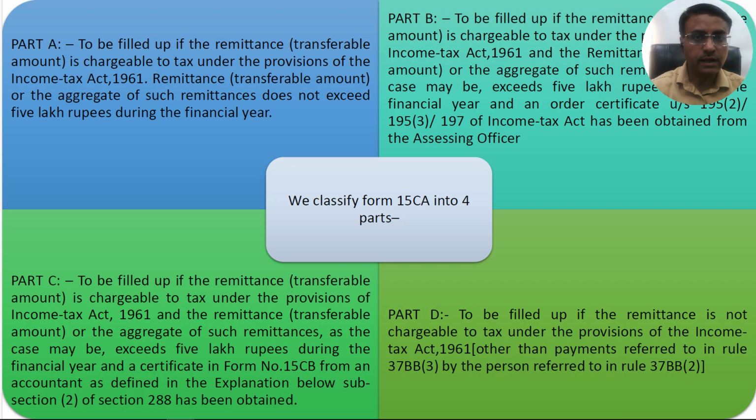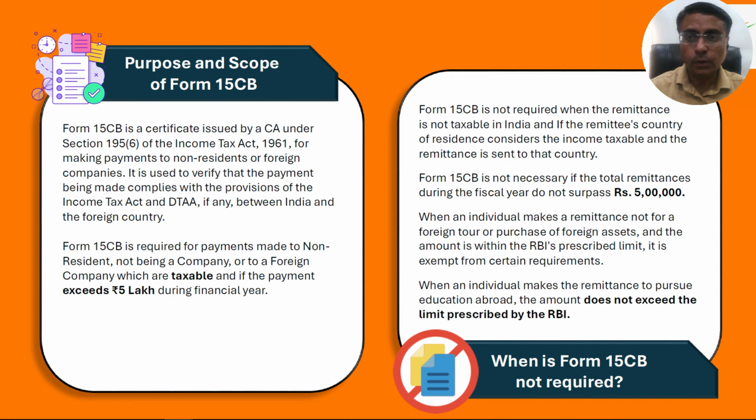These are the same things I have discussed. Part A, Part B, Part C are all related to taxability; you are chargeable to tax. And Part D is when the remittance is not taxable. So when is Form 15CB required? Form 15CB is not required when the remittance is not taxable at all.